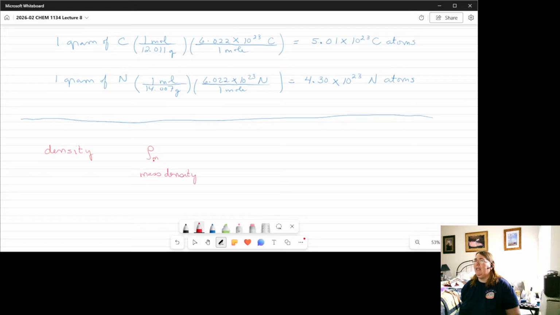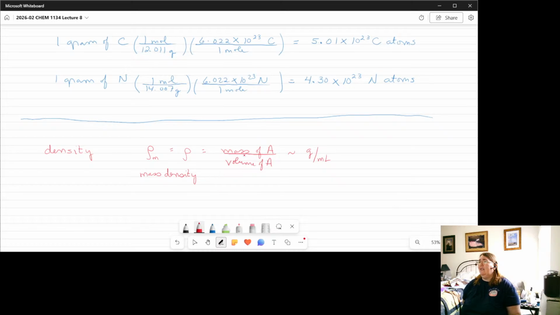And generally speaking, you are not going to see a subscript m on that. You're just going to see a rho or a D. And it is mass of A per volume of A. So it has units of grams per milliliter, which is the standard unit for density.